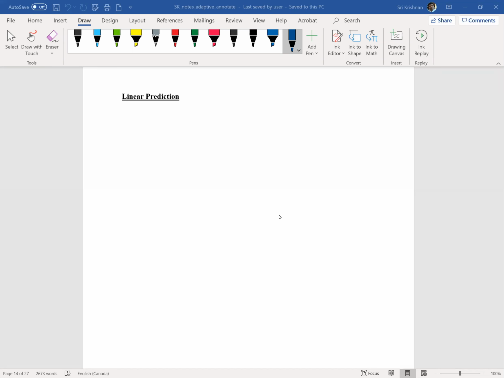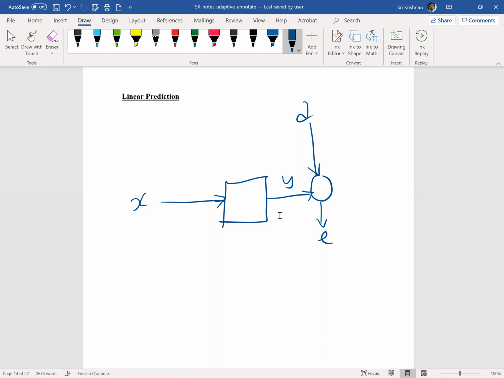So we are familiar with the block diagram in which the input signal X enters, you get the output signal Y, then you have a desired response D, and the error function E, and the optimal weights or the filter coefficients were W. So this is a familiar configuration in designing an adaptive filter, and essentially there were two inputs going into an adaptive filter.